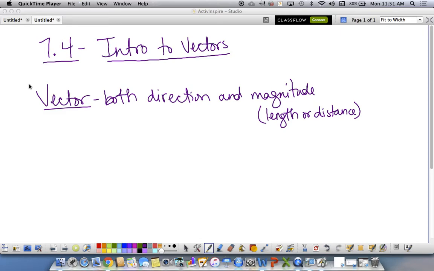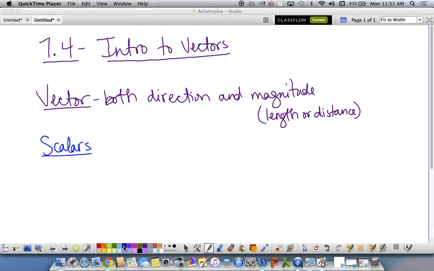If you just have one, a lot of quantities include magnitudes, like 45 pounds or 60 miles per hour. If you have that, you have a scalar.